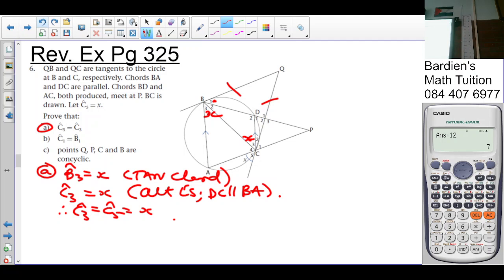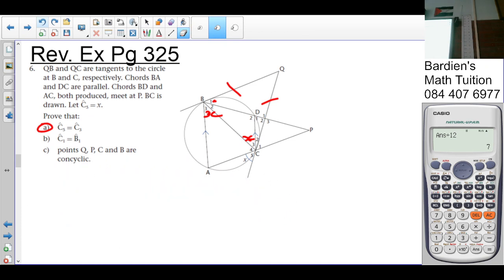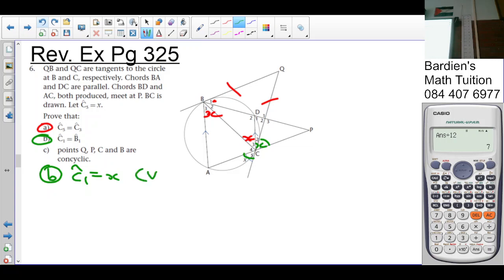No? Right, let's go with B. C1 is equal to B1. But we already established that C1 would have also been x. Did I say that already? No. But C1 is equal to x. Why is C1 equal to x? Vertically opposite angles. Okay?